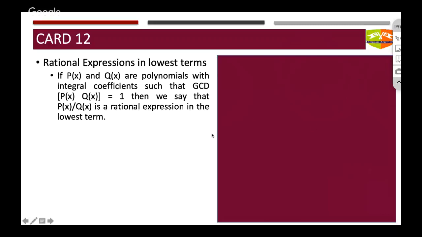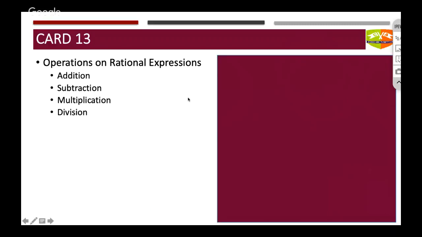Okay, so now let me go to another topic. I'll solve a few questions based on addition and subtraction.